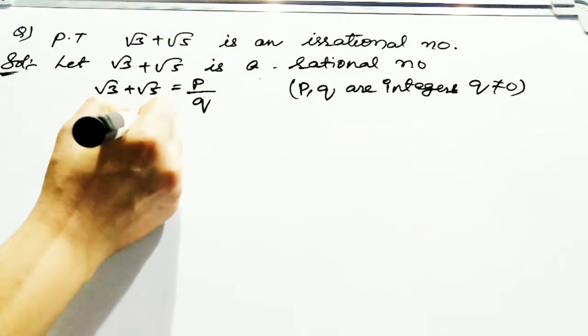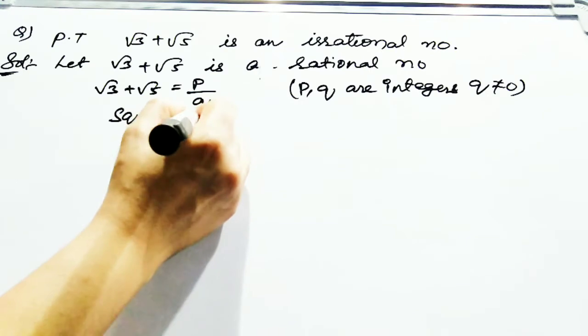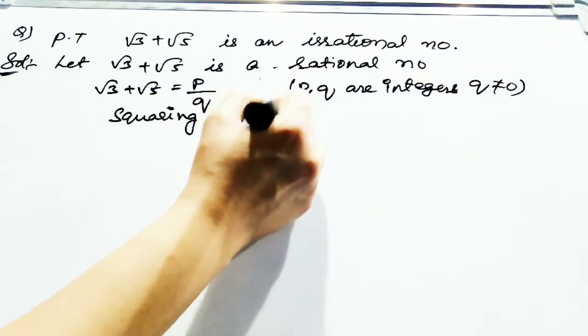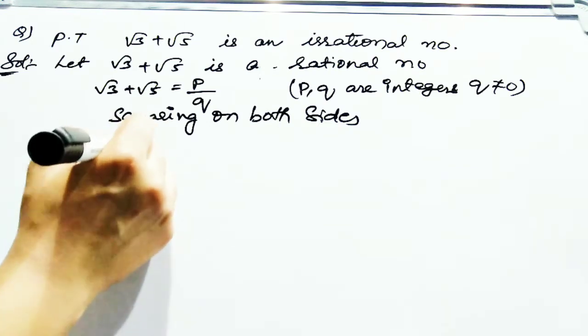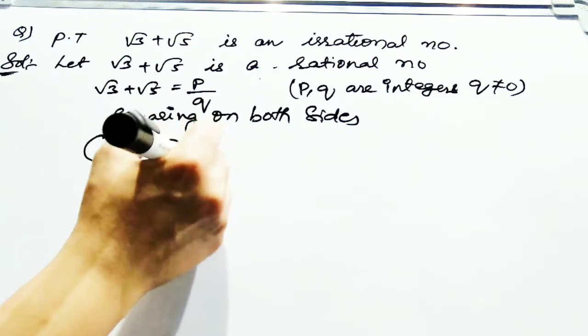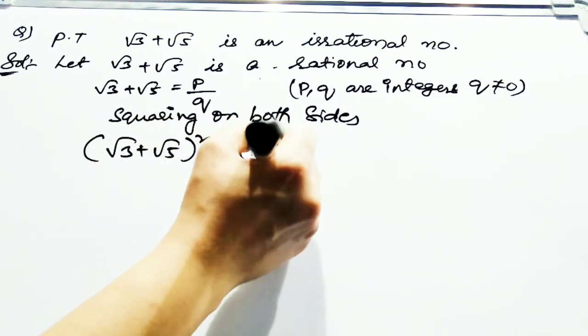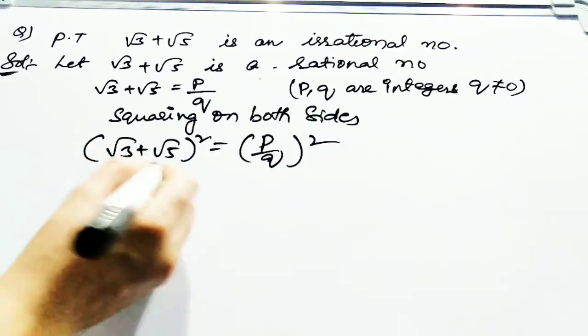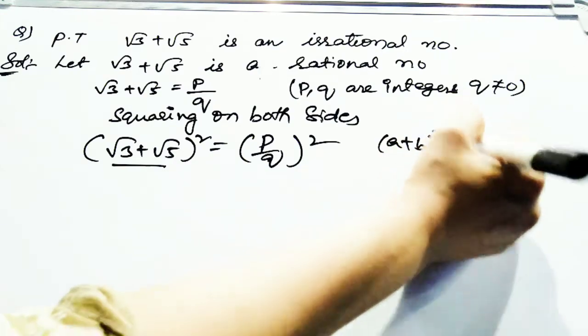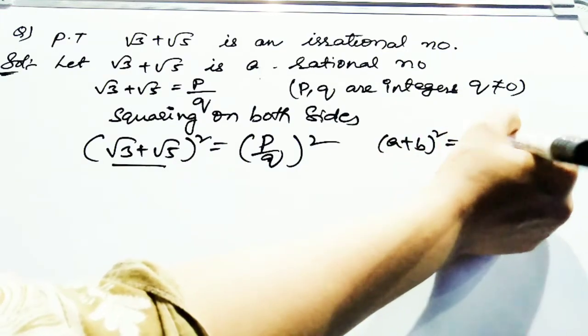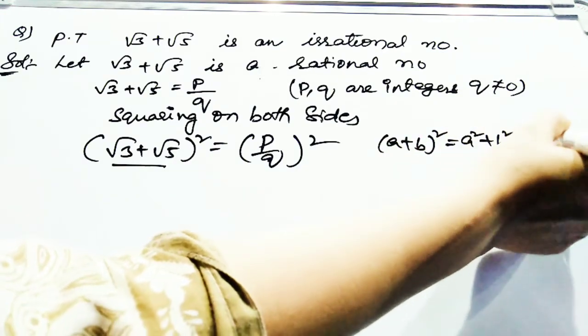Squaring on both sides, root 3 plus root 5 whole square equals p by q whole square. Observe that (a plus b) whole square equals a square plus b square plus 2ab.